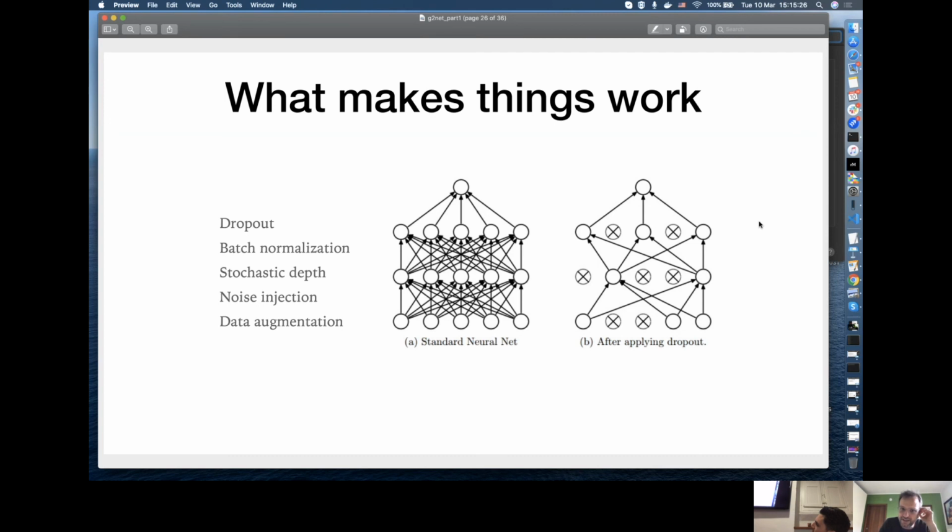If you randomize things, the network will be forced not to memorize things too much because it doesn't have the opportunity to do so. For example, dropout is what you see in the figure. Dropout at every iteration, which means it changes at every iteration.